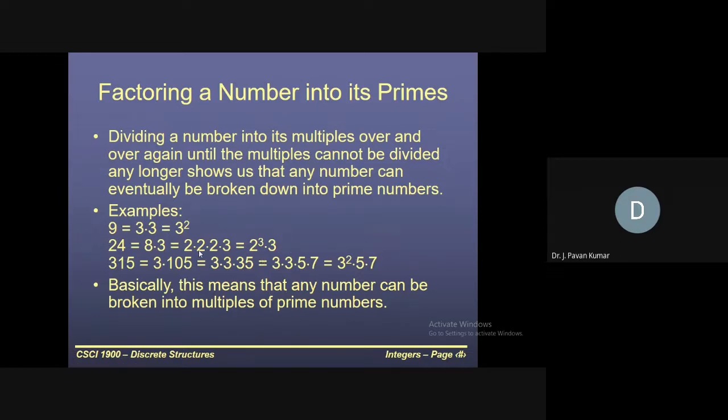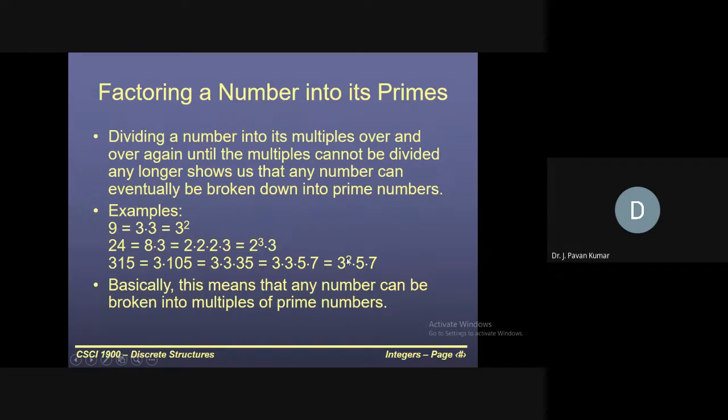So further we can divide 35 as 5 into 7. Then if you observe 3, 3, 5, 7, all these are prime numbers. So we have represented the number as a product of prime numbers. So we can consider it as prime factoring.